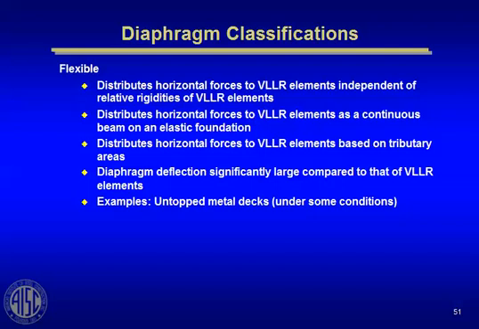The diaphragm deflection is significantly large compared to that of the vertical lateral load resisting system. What's an example? Well, an untopped metal deck slab under some conditions, or plywood, might be a flexible diaphragm. Many engineers just assume plywood diaphragms are flexible, and their shear in them is proportioned basically by tributary area as opposed to by rigidity.